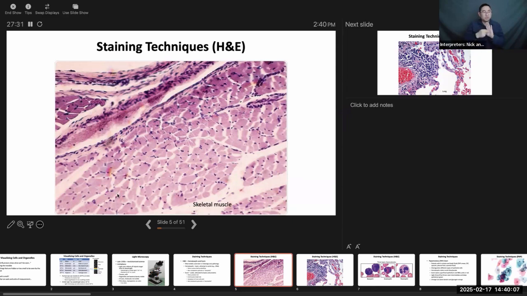In fact, one thing that's interesting about the skeletal muscle, if you would really get in there and count, you'd find that there are a lot more purple dots than there are pink geometric shapes. Anybody know why that is? Anybody know a unique feature of muscle cells?